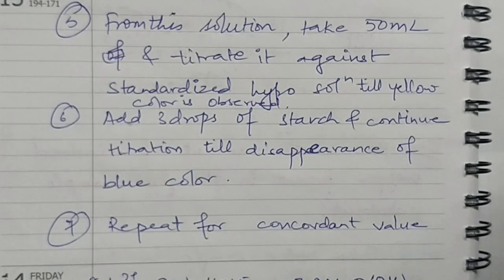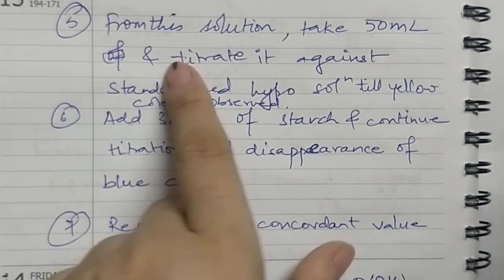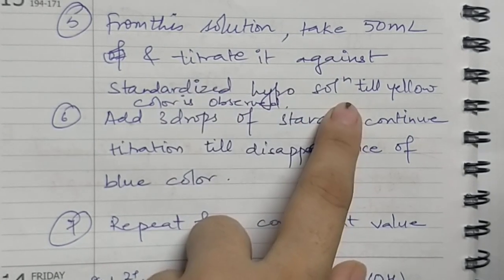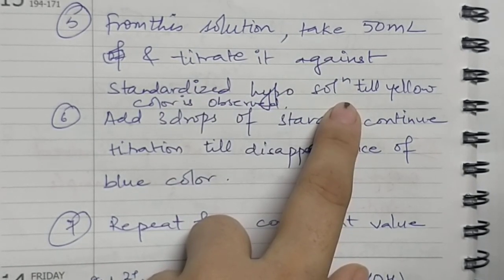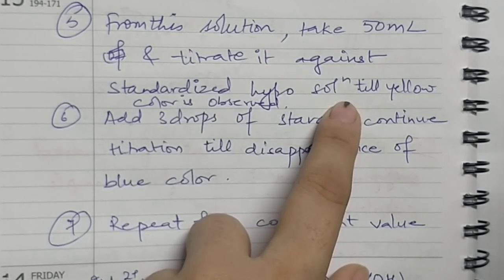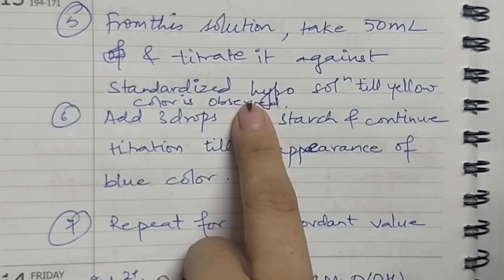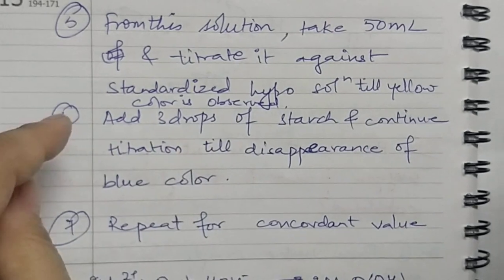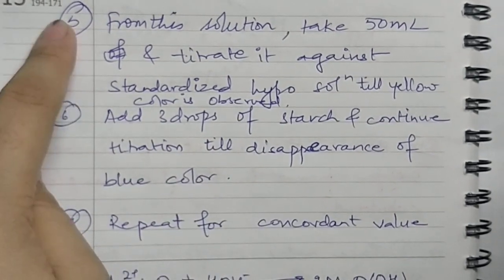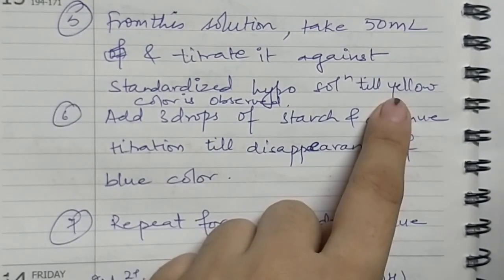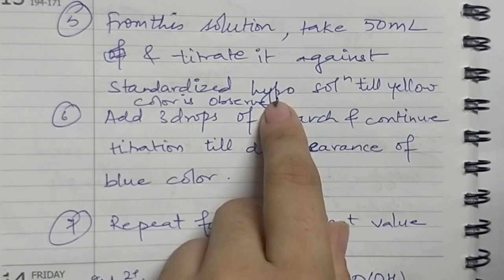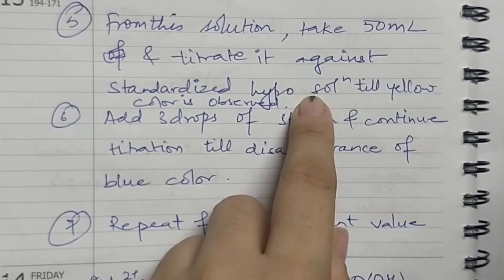From this solution you pipette out 50 ml and titrate it against standardized hypo solution, which you have standardized with the help of a primary standard, that is K2Cr2O7, till yellow color is observed. The brownish color is converted to yellow color by titrating with hypo solution before adding the indicator.